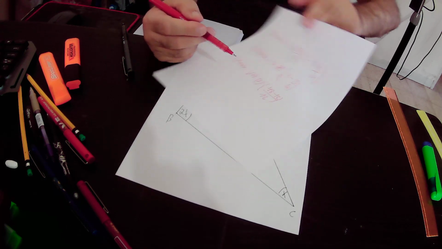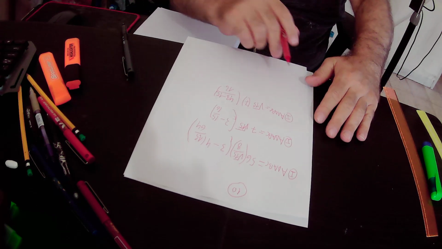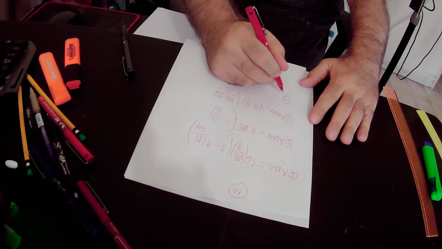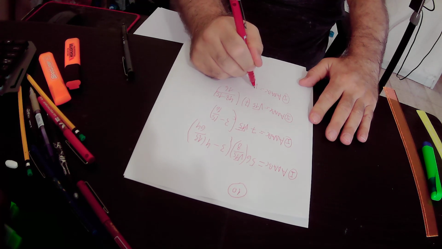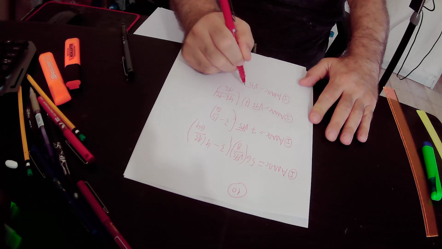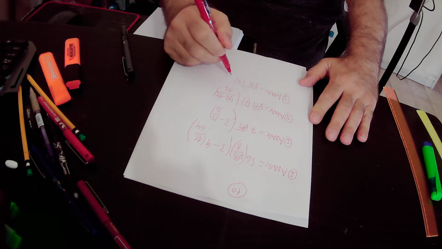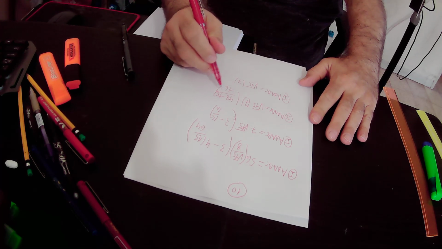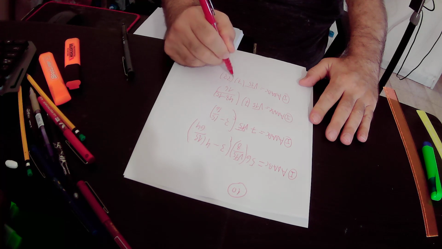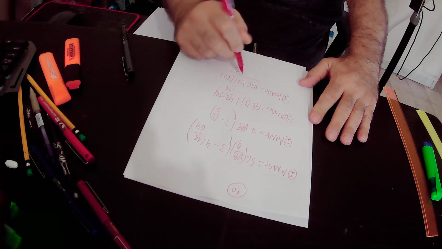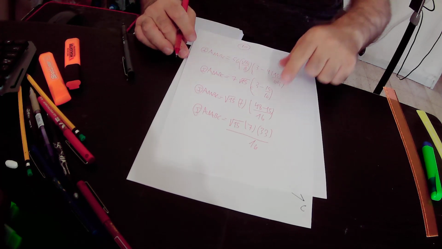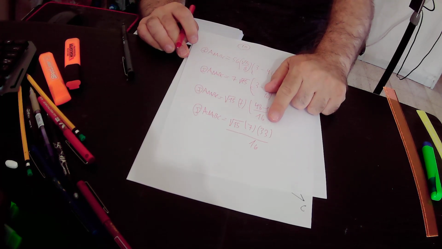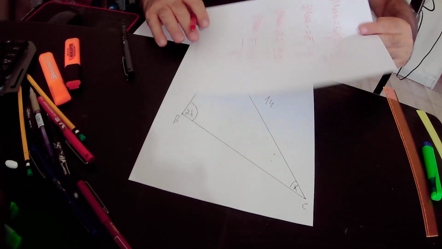So I write it down: the area of triangle ABC equals root 15 times 7 times 33 over 16. 7 times 33 is 231, so I write it down.